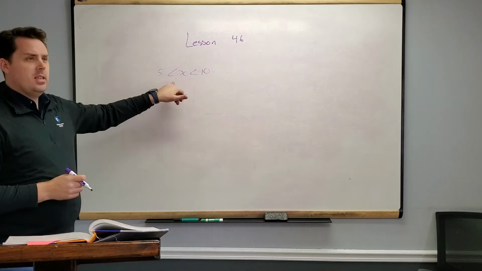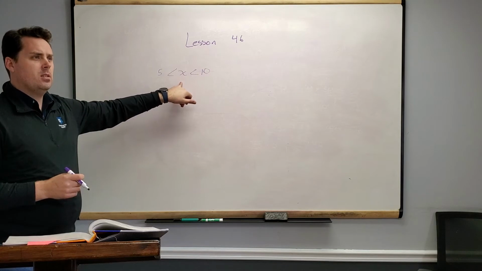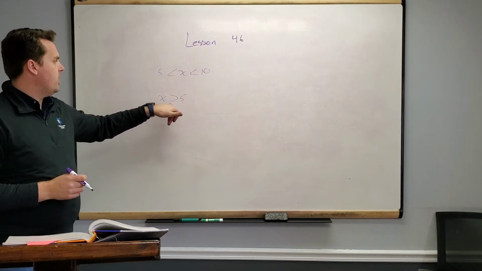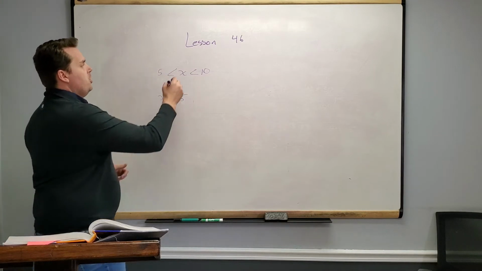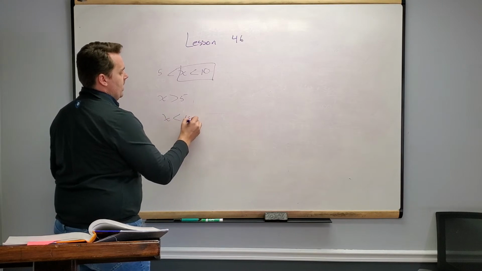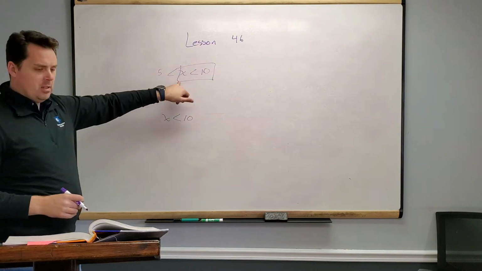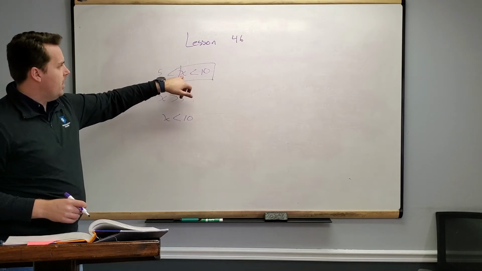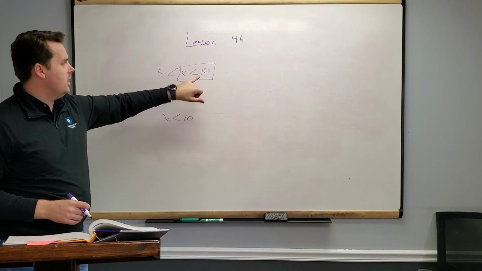X is greater than 5, and then you can just read this normally. X is less than 10, right? If 5 is less than x, then x is greater than 5, and then we already have it defined, x is less than 10.